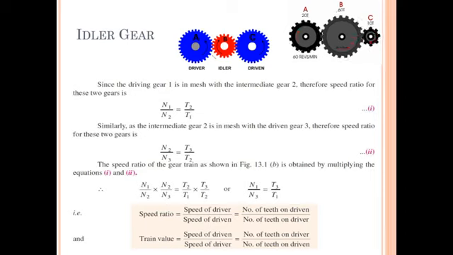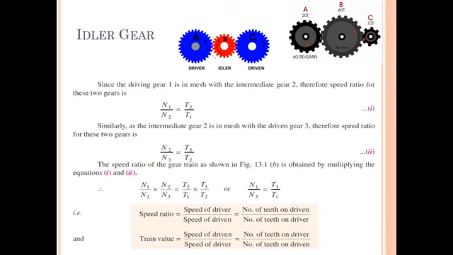Therefore, combinedly multiplying the first equation and second equation, we will get the velocity ratio for this total gear train having 1, 2, 3 gears. It will be N1 upon N2 into N2 upon N3 is equal to, in terms of teeth, T2 upon T1 into T3 upon T2. Therefore N2 will get cancelled, T2 will get cancelled, and the remaining will be N1 upon N3 is equal to T3 upon T1.